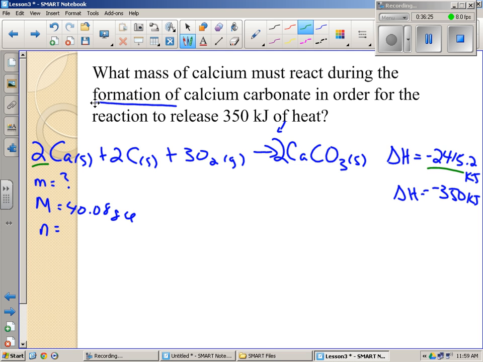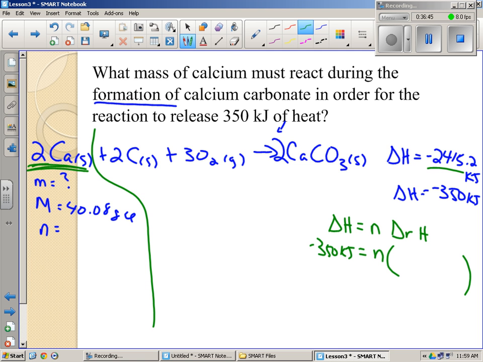So you can use your equation here, delta H equals n delta H for this reaction. If I wanted to make 350 kilojoules of enthalpy change, once again, we need to know the molar enthalpy. And for calcium, because that's what we're focusing on here, the calcium only, the molar enthalpy change is 2415.2 kilojoules for 2 moles of calcium, right?